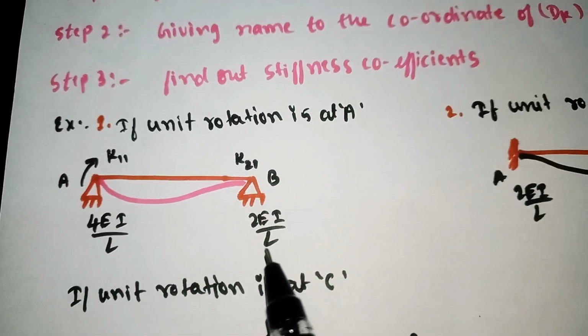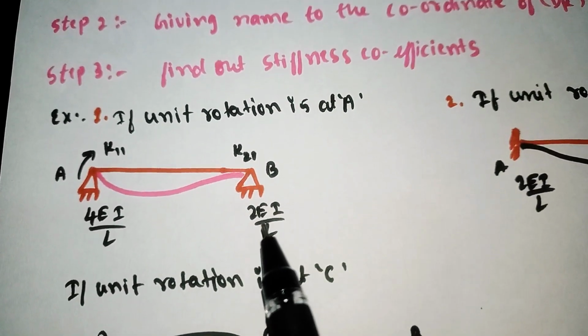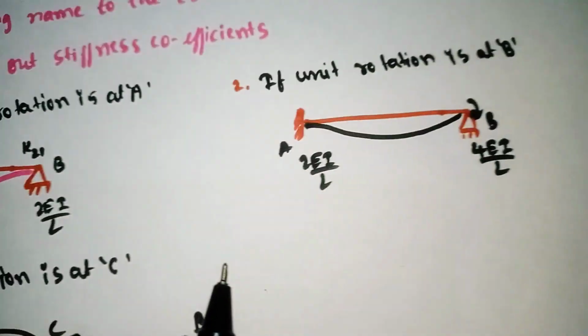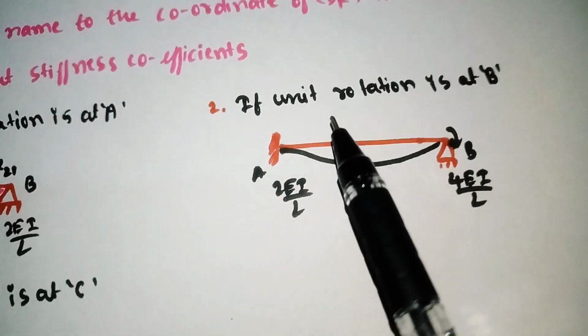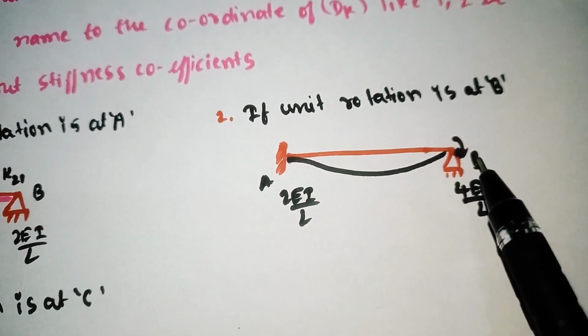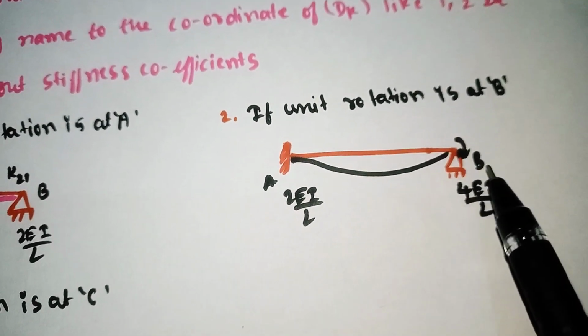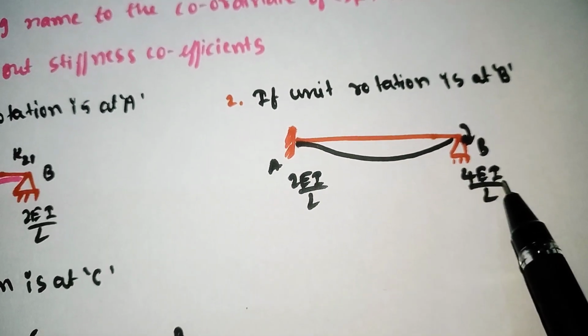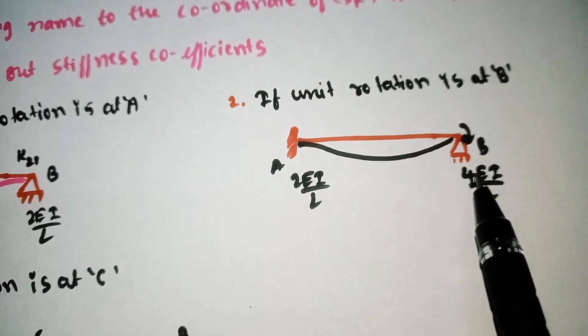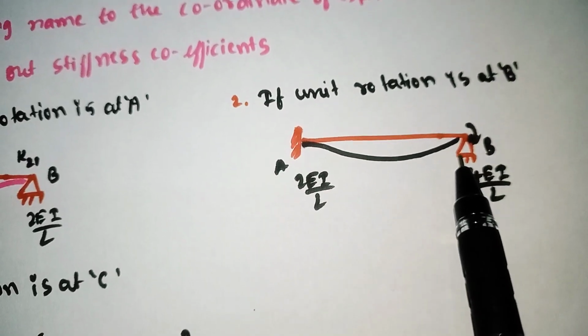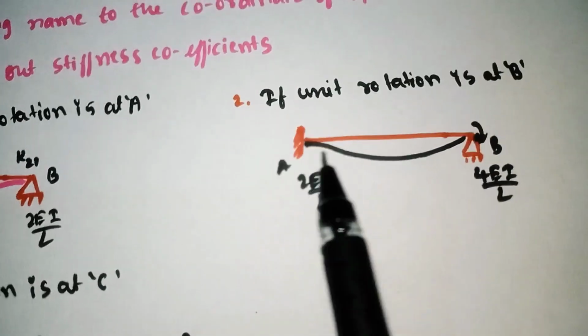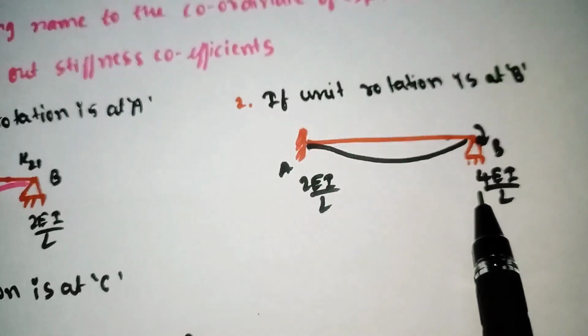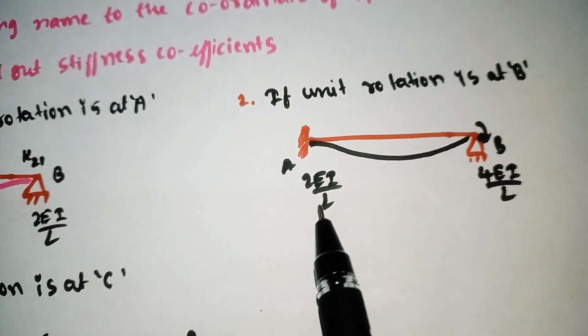Half of this is nothing but 2I divided by L. Similarly, if we apply the unit rotation at point B, it always moves clockwise. At this point, the force developed is 4I divided by L, and the force carried over from this point to here is half of this, which is 2I divided by L.